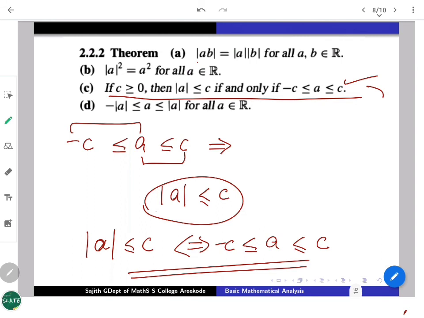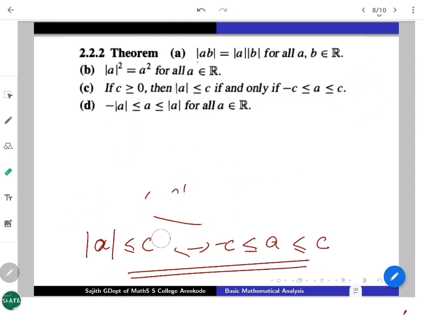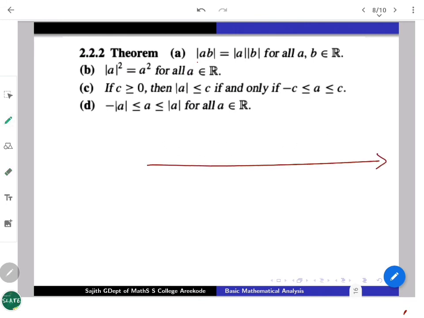And then the last inequality says that any real number will always lie in between minus of modulus A and plus modulus A. Geometrically, once again, the things are very clear, as modulus A represents the distance from 0.